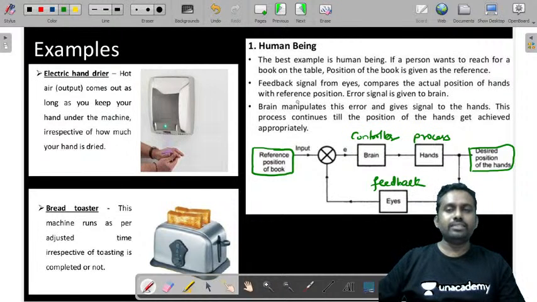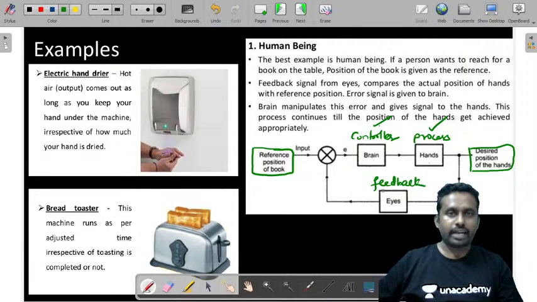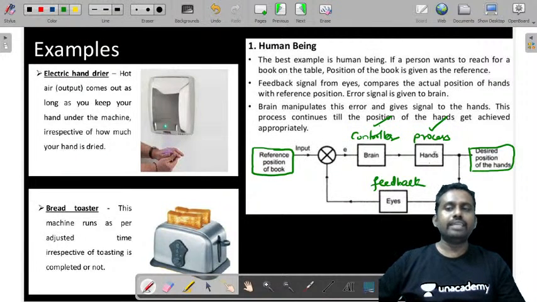The brain manipulates this error and gives signals to the hand. That means there is still some distance, still an error, between the hand and the book, so it has to extend further. This continues till the position of the hand is achieved appropriately. So once again, remember the controller here is your brain, the process is the hands, the feedback is your eyes, the reference position of the book is the input, and the desired position of the hands is the output.